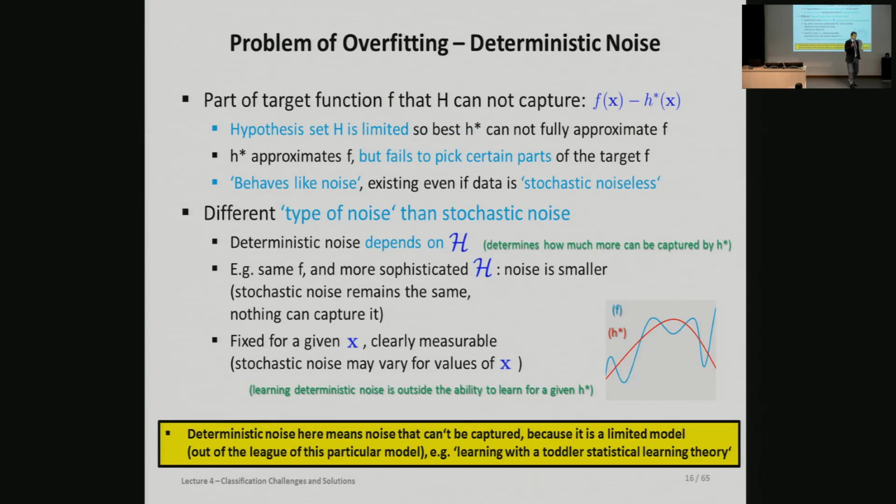Part of the noise is that your function is just not capable of approximating the function the data was created from. So it's in a way the other way around, where the target function f that we want to find is a very sophisticated function, but I use a model like a perceptron or some other algorithm that absolutely doesn't fit.